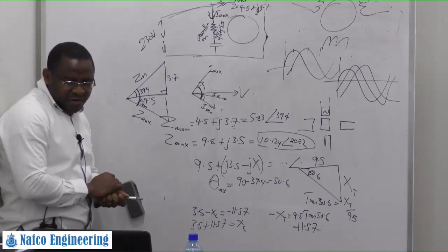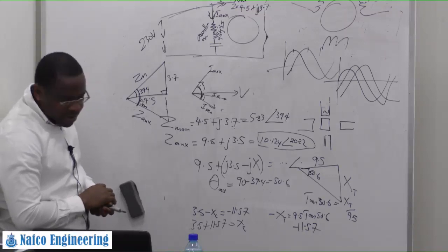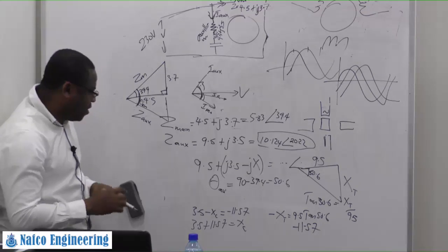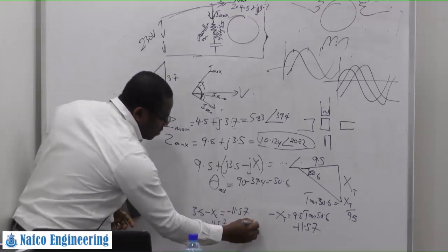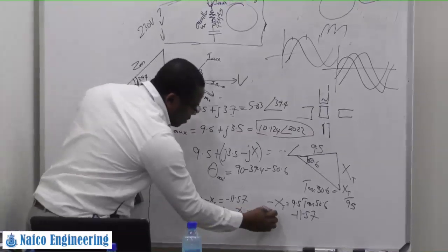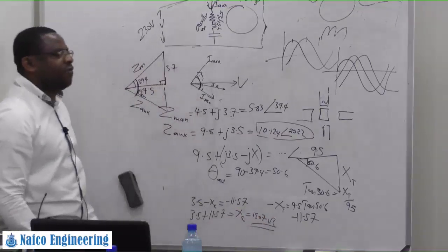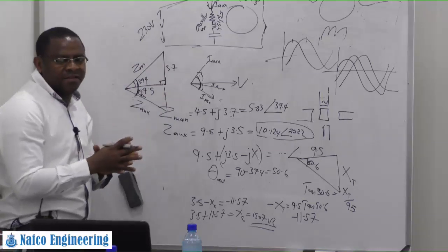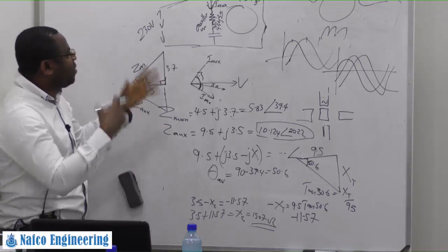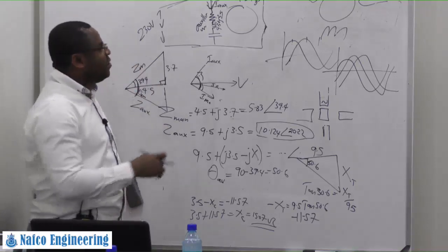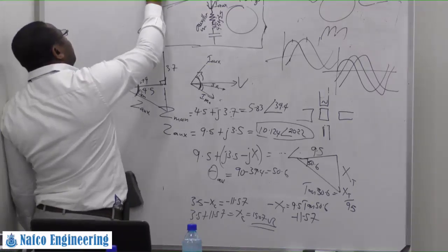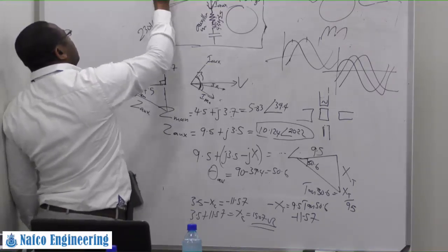Once you get that, it is about 15.06, 15.07. This is in ohms, right? That is the amount of capacitive reactance that you need. Before you can now convert it, you say XC is 1/(2 pi FC), just to get the capacitance.